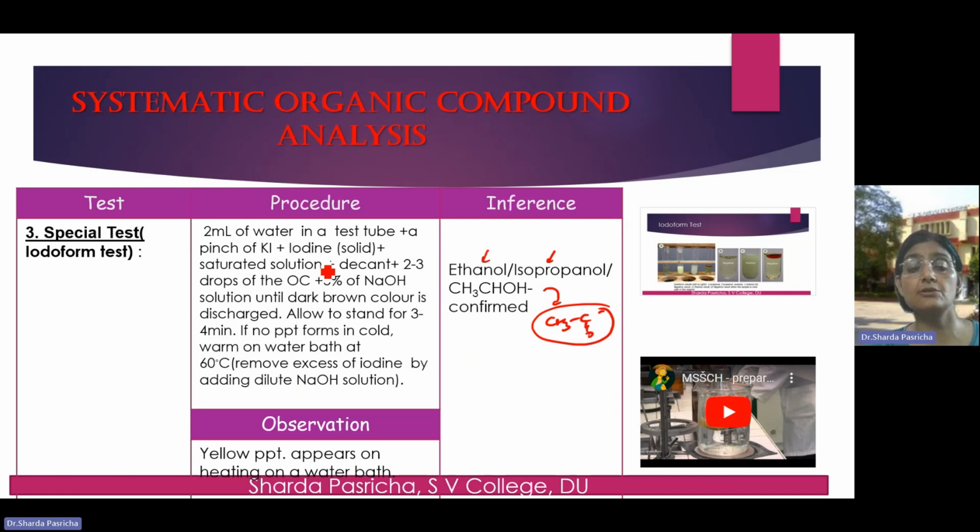Once you get a saturated solution of iodine, decant that into another test tube, and to this decanted solution add 2 to 3 drops of your organic compound, followed by addition of 5% NaOH drop-wise with shaking until the brown color is discharged. When the brown color gets discharged, you will see either immediately a yellow colored precipitate of iodoform being formed.